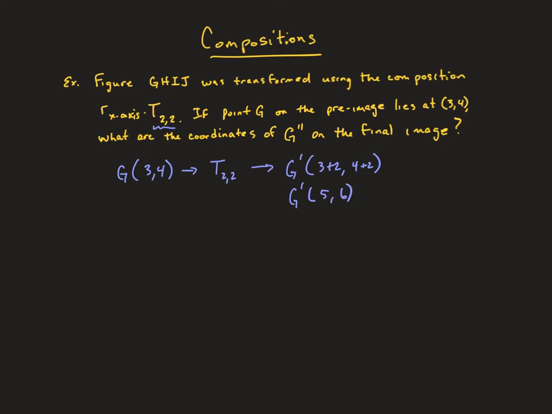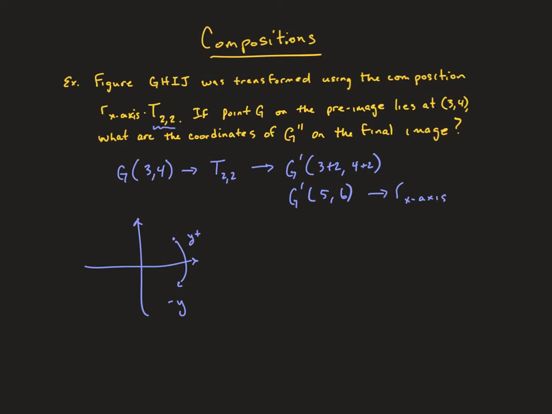Now we've made it to 5, 6, and now we want to map using the rotation over the x-axis. When we looked at that, rotating over the x-axis, if I go from here down to here, the only thing changing is my y value. It is positive here, and here my y value is going to be negative.